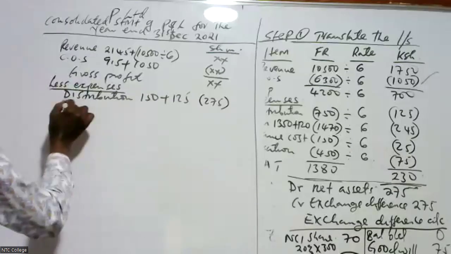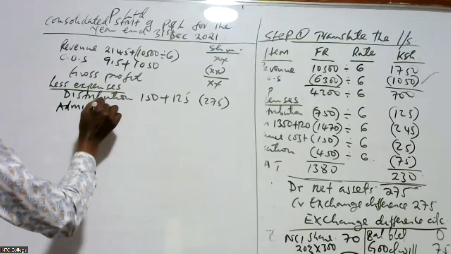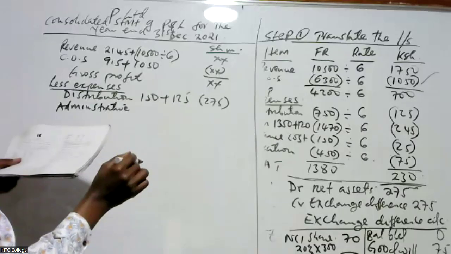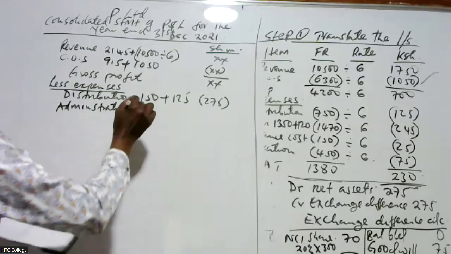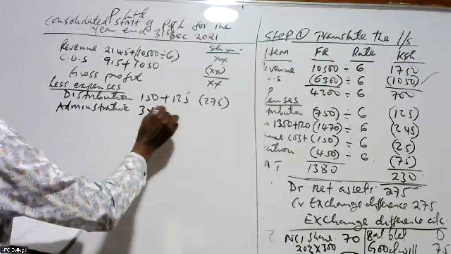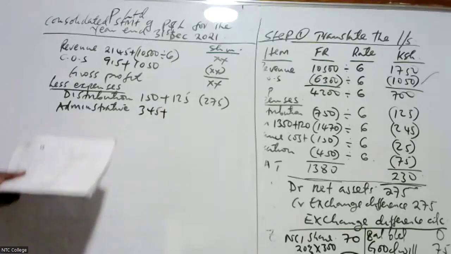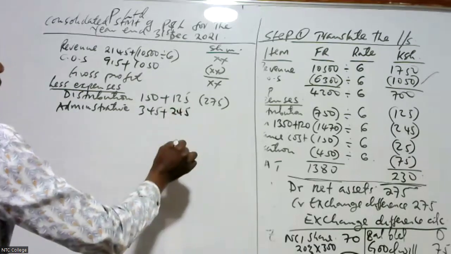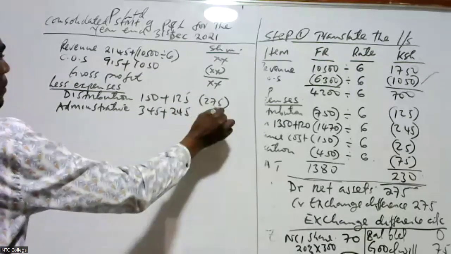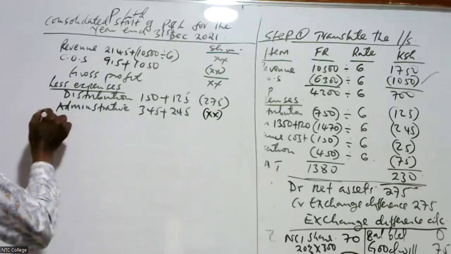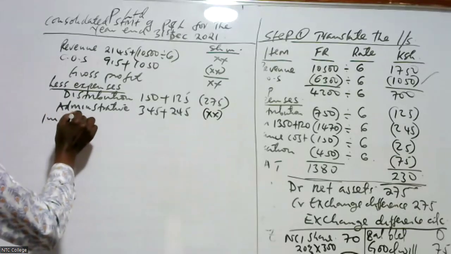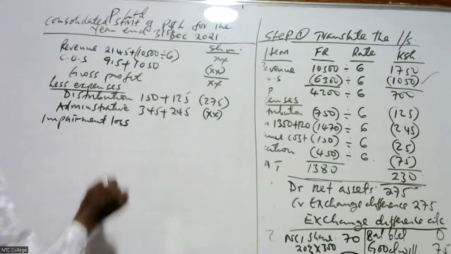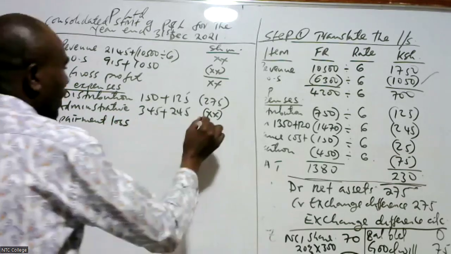Admin expense, administrative. I'm taking 345 for the parent, plus for the subsidiary is 245. Then impairment loss. Impairment loss was 30.